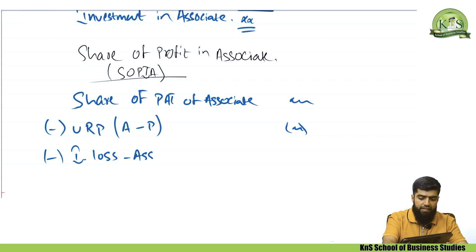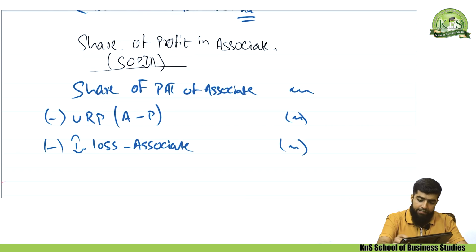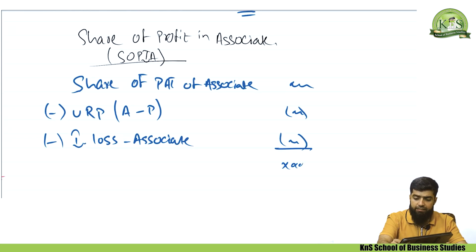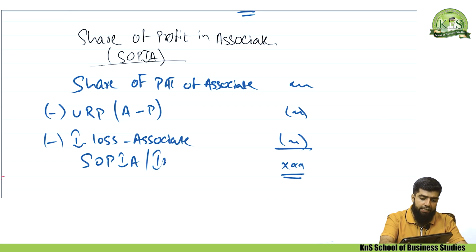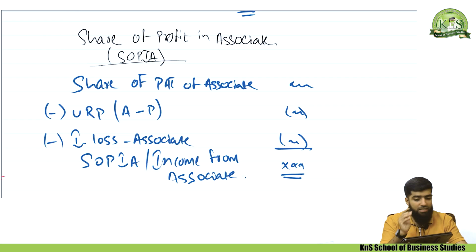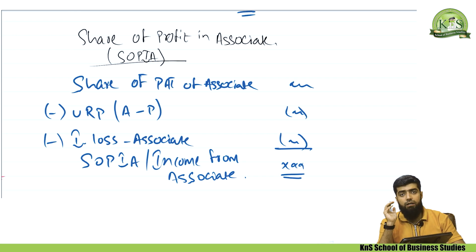Impairment loss of investment that is related to the associate company will also be eliminated, and afterwards you will have an answer, and this will be recorded as a separate line item in the consolidated statement of profit and loss, with the line item of share of profit in associate, and sometimes it's known as income from associate.